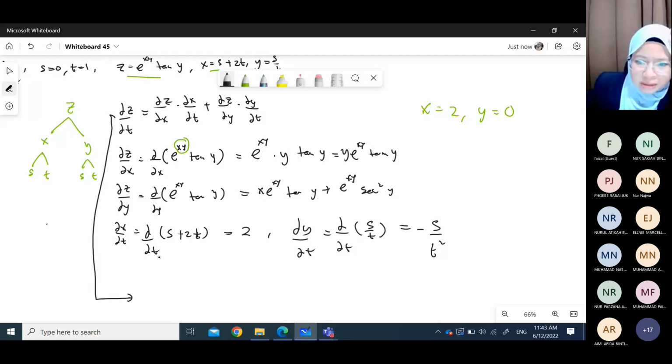Okay, masukkan sahaja. Exponent 2 times 0 is 0. Tangent 0, so jawapan dia kosong kat sini. And this one, you masukkan je nilai dia, and we have 2. Tangent 0 is 0 kan?